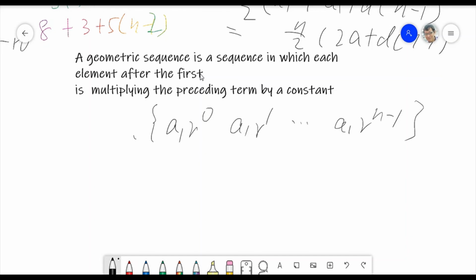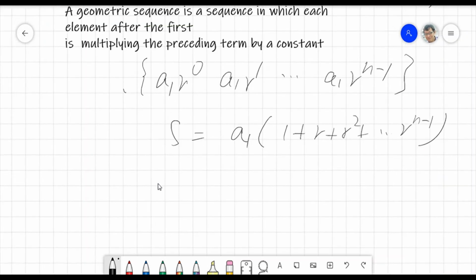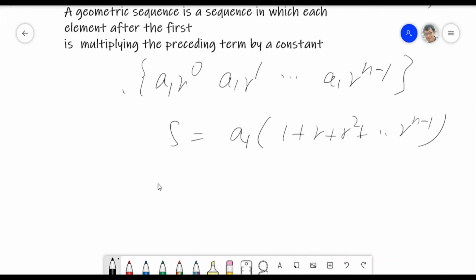So what's the sum? The sum, of course, is simply a1 as the common factor, so it's 1 plus r plus r squared until r to the n minus 1. Okay, so how to deduce the formula for the summation of the geometric sequence is not covered; it's out of our high school scope, but I'm just writing it here.